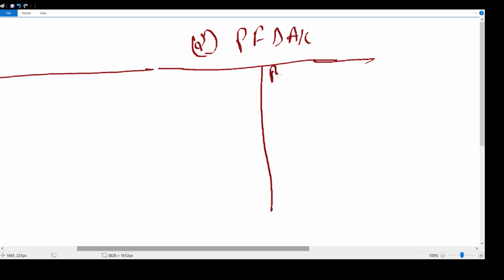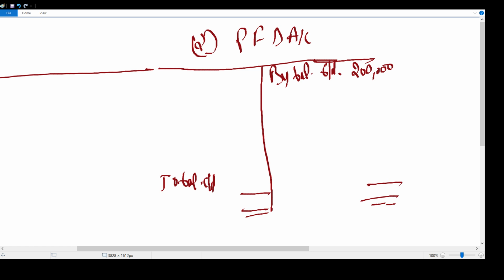And here by balance brought down 2 lakh rupees. Here would be the balance carried down. How much would be the amount?